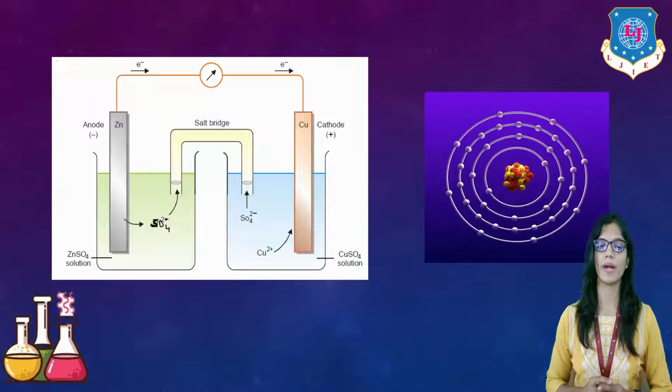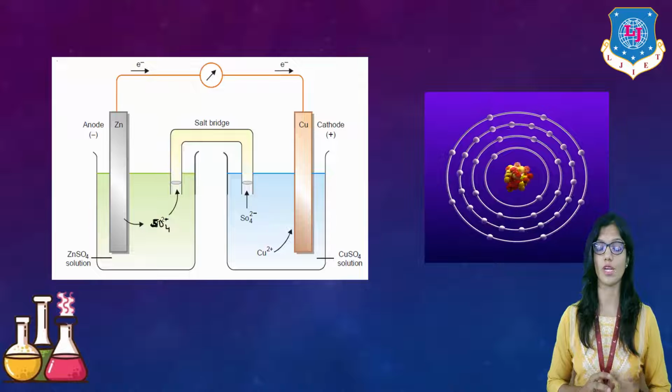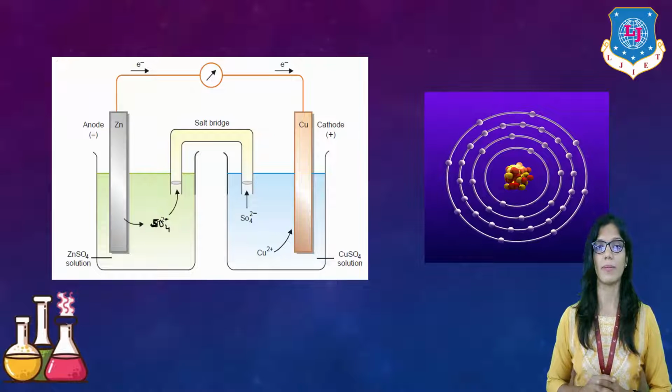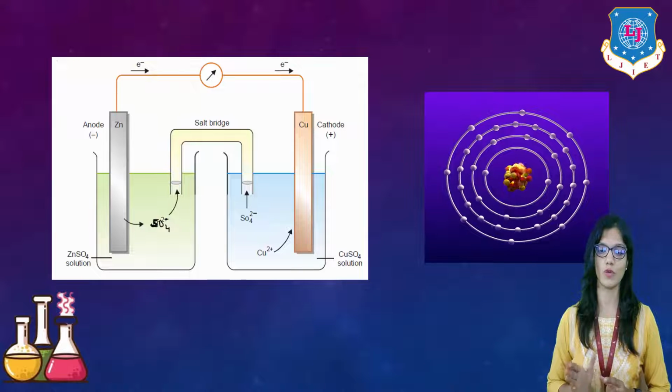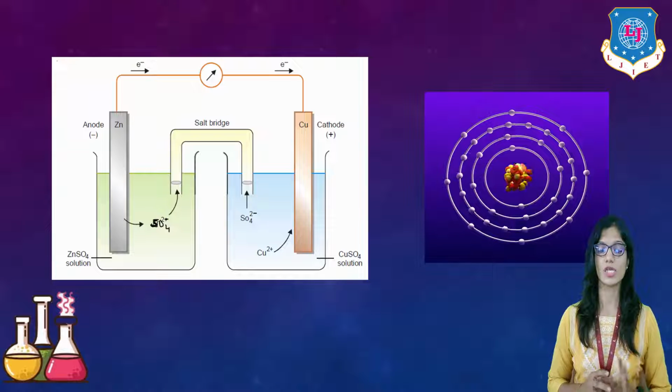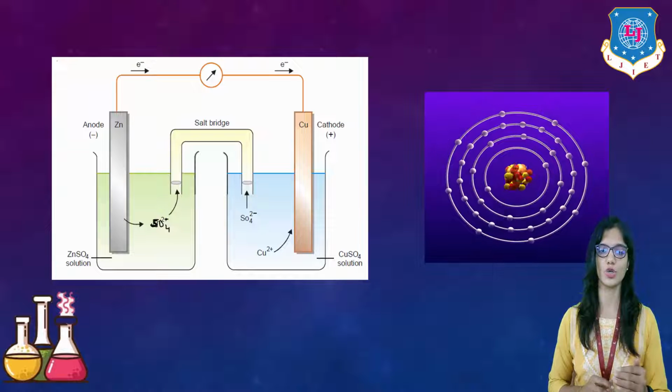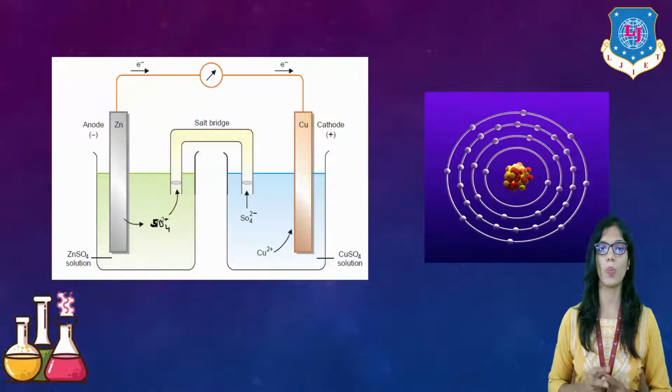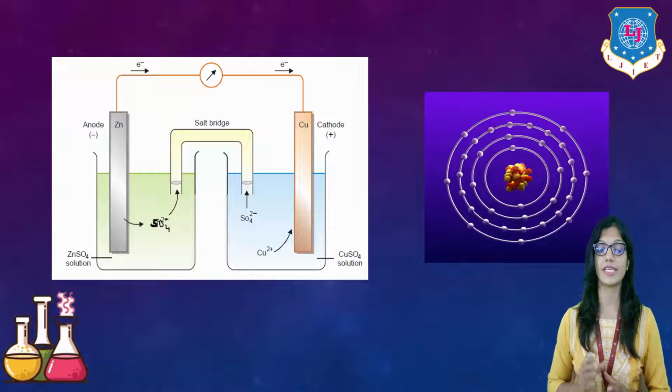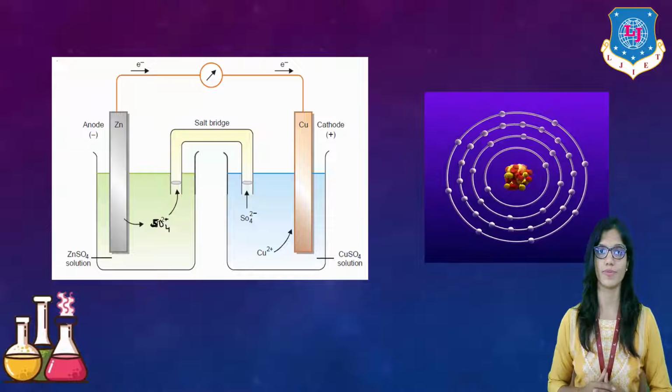So one compartment contains ZnSO4 solution, another compartment contains CuSO4 solution, right? In the ZnSO4 solution we have dipped a zinc plate, and a Cu plate is dipped in CuSO4 solution.